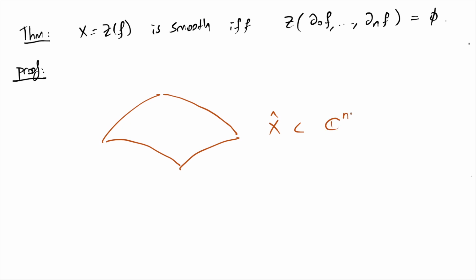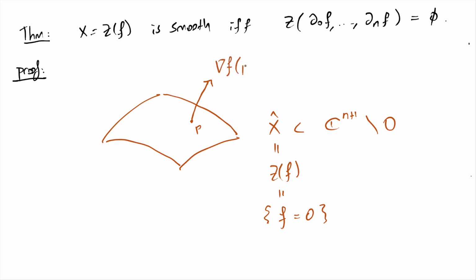So this is in C^(n+1), which means it's an affine locus, and it's the zero set of the same polynomial f. But now, because we're in an affine space, we can also just use what we know from freshman calculus. This is the level set of the function f. And whenever you're at a point of a level set of a function, the normal direction, if you want, in standard Euclidean coordinates, is given by del f evaluated at p.